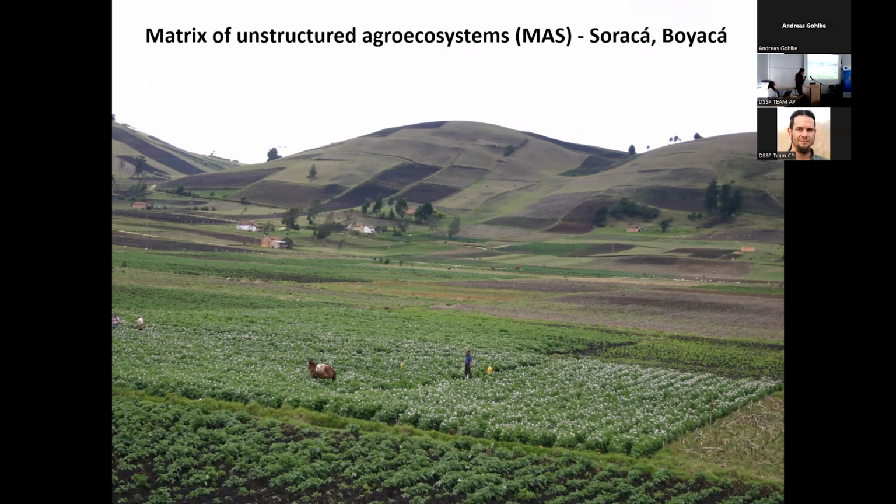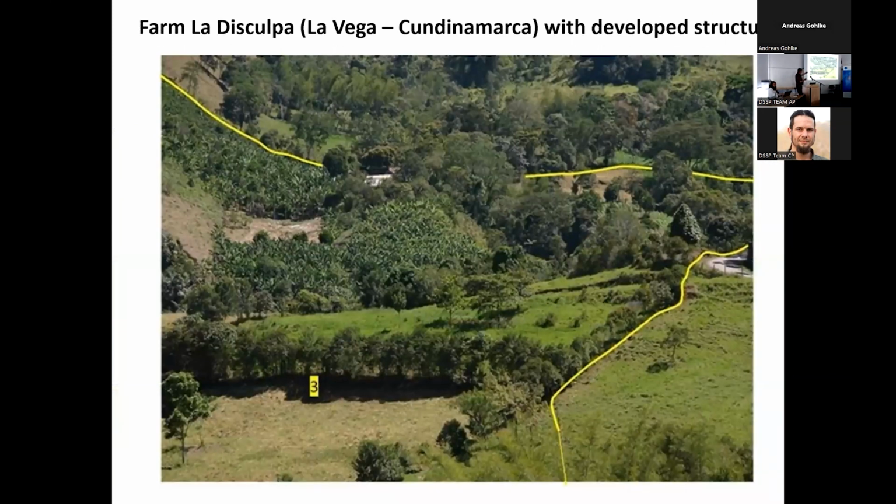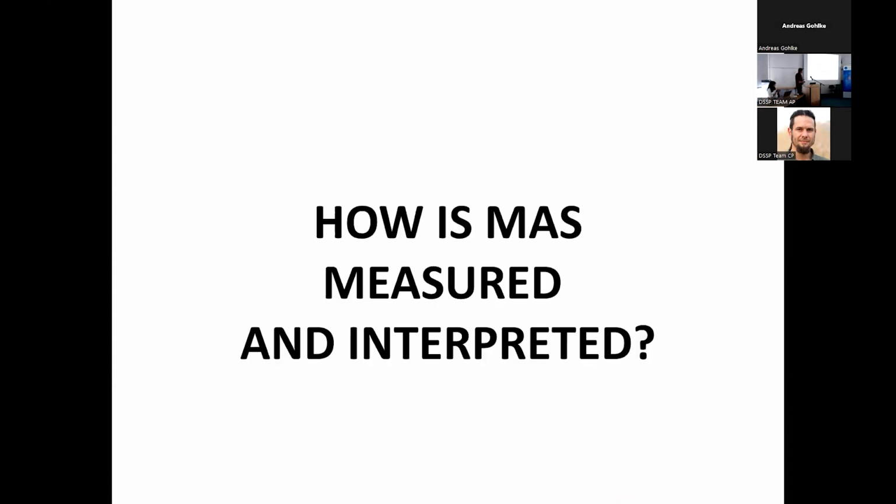You have some metrics of unstructured agroecosystems in some region of Colombia, because here we have the first farm, and there are no trees, there is no connectivity, and the second one, neither, the third one, neither, the fourth, neither, and neither the fifth. There is a landscape without a structure, but we have others, like this one, with a developed structure in terms of agriculture.